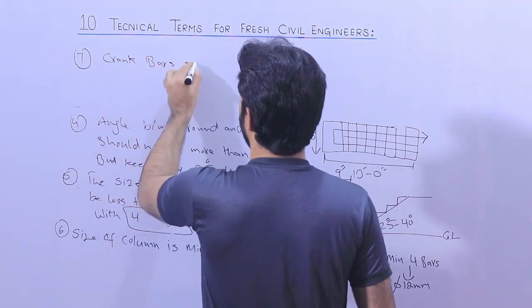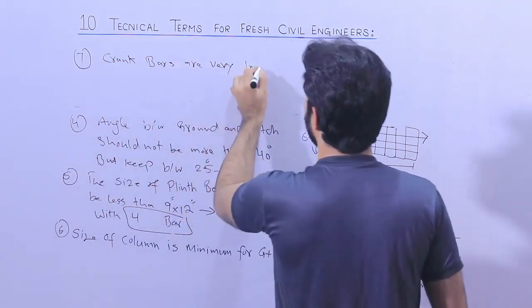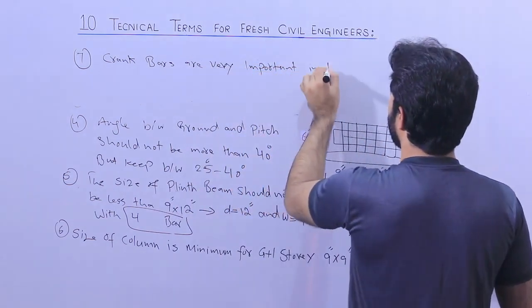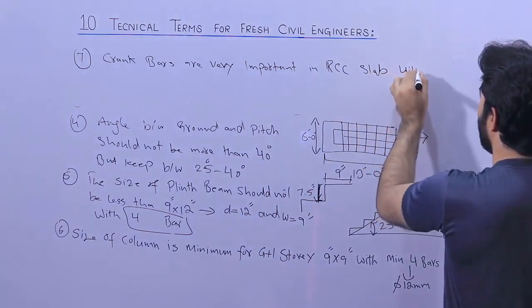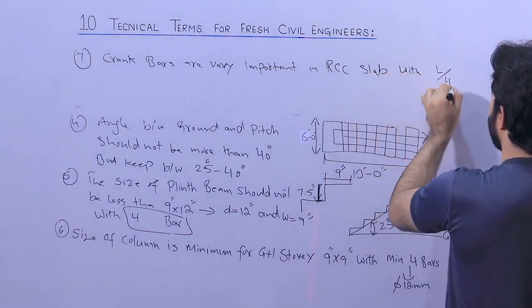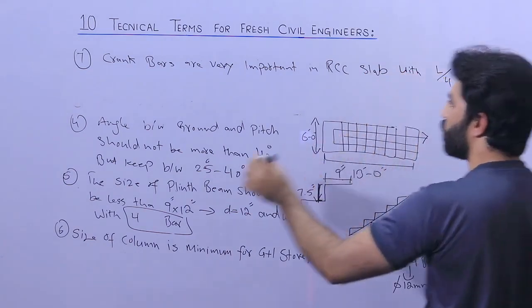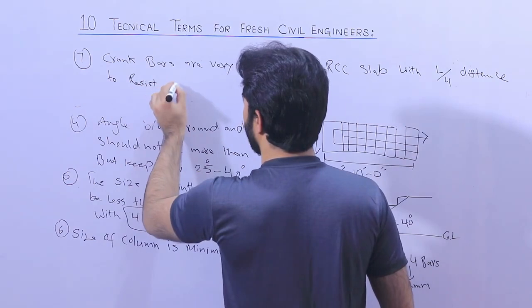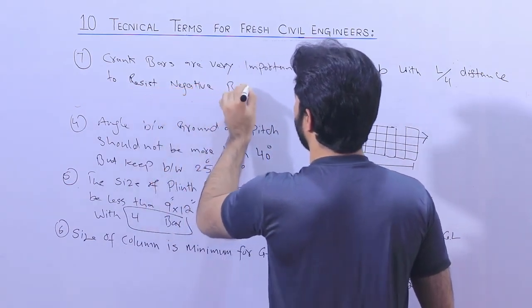Crank bars are very important in an RCC slab, with L/4 distance, to resist negative bending moment.